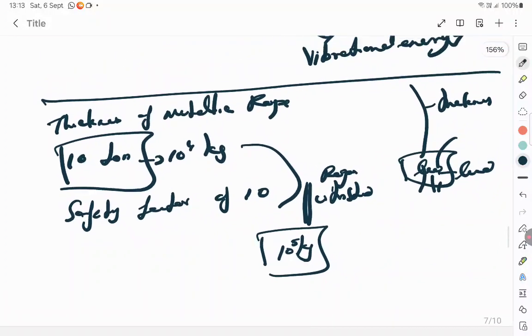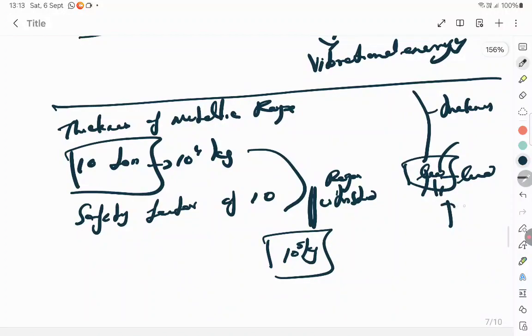Now, the thickness of a metallic rope. You all have seen a crane lifting a container. That's called the load, and this is the rope, and the thickness of the rope can be decided based on the load that it's going to carry. You know, in a Shankar movie, they did this. The container was lifted by a crane, and they put so many people on the container and so many lights. The rope couldn't withstand it and got cut off, and the accident took place.